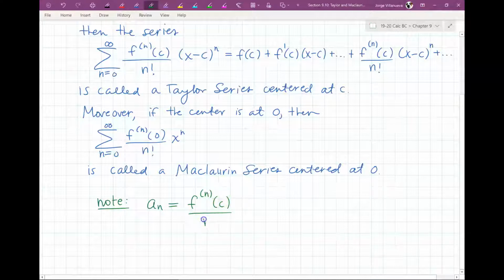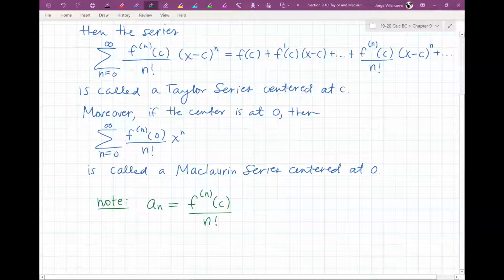So this is your a sub n for a Taylor and Maclaurin. If you're trying to find the first term, second term, third term, your nth term, that's how you would figure it out. They call them your coefficients.